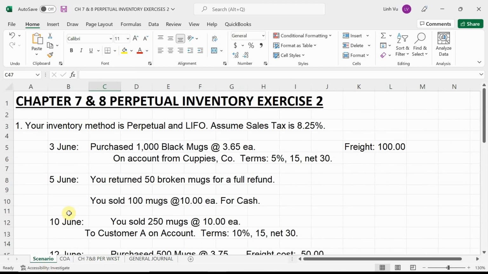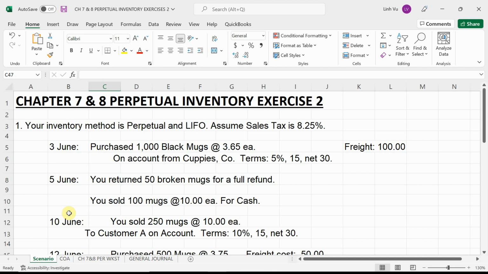On June 3rd, we purchased 1,000 black mugs for $3.65 each with a freight of $100, and we placed it on an account from Cuppies Co. Terms were 5%, 15, net 30. So today's June 3rd.